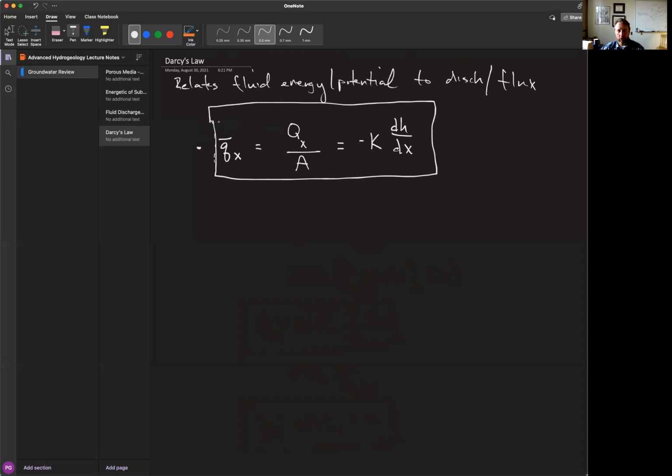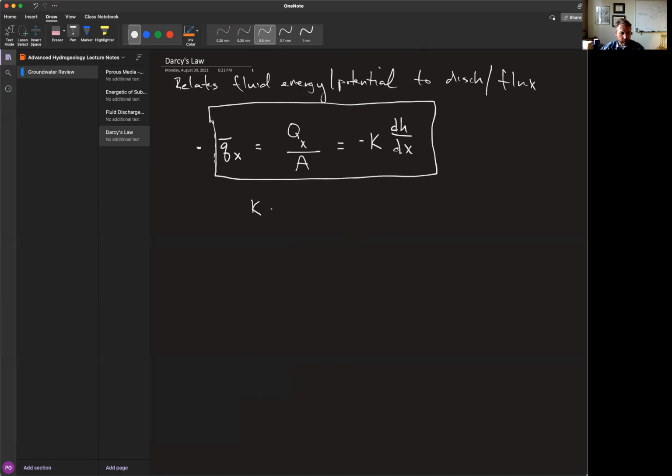Probably one of the more important relationships you will manipulate during this class. Very, very basic. And it relates the flux or the discharge, all we got to do is decide how we normalize by the area, to the gradient in potential in the direction which we're interested in the flow. All right.